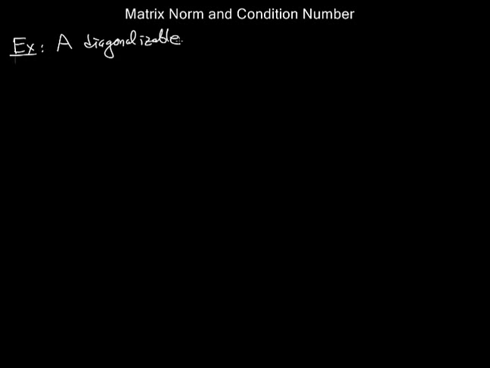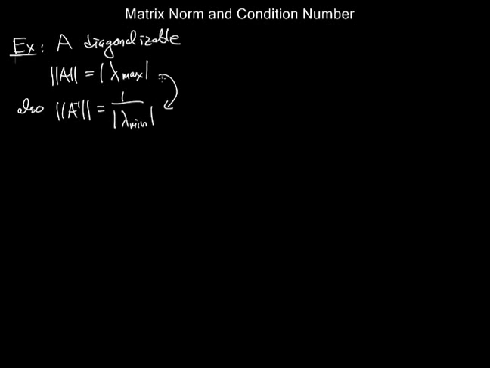If A is diagonalizable, the norm of A is exactly the absolute value of lambda max. And assuming A is invertible, the norm of A inverse is 1 over the absolute value of lambda min. So if you take the product of these two, you get the condition number.